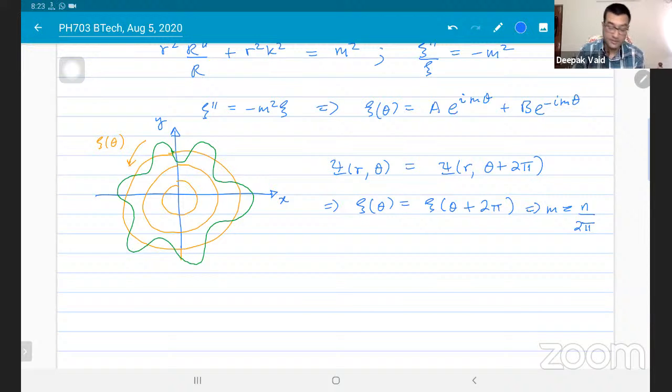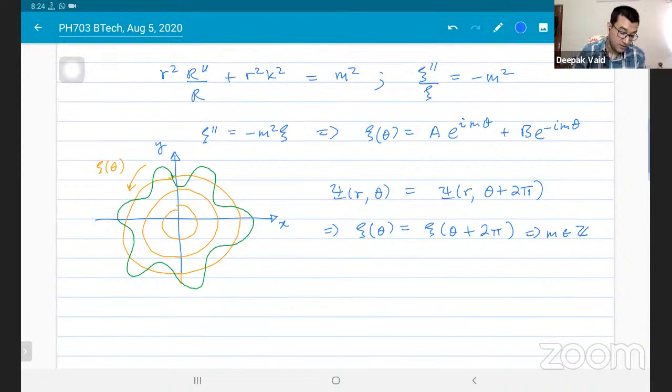Wait, 2 pi is already there. It will just be an integer. What am I saying? It will just be an integer. So if m is an integer, then this will be a periodic function in 2 pi, right? e to the i 2 pi, e to the i 4 pi, and so on. Okay.